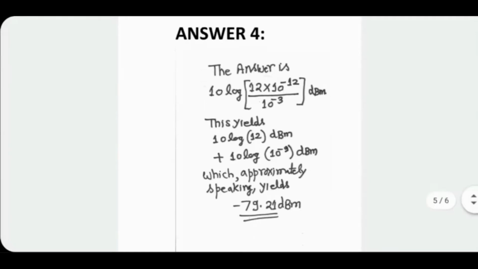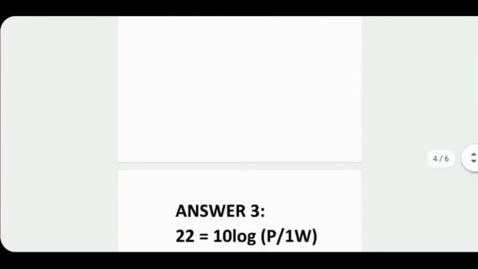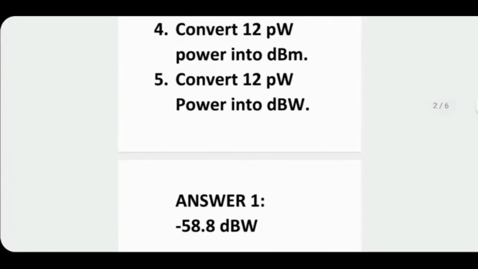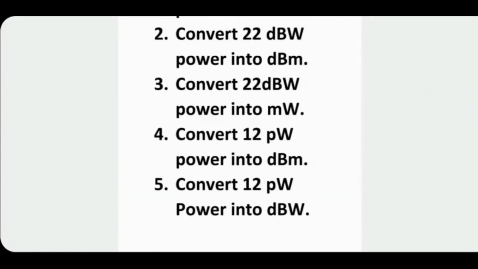So some of you at least have got the basic idea of how to do these kind of calculations. And the last question is question 4, but the answer must now be in dBW. So the answer you got in question 4, from there you subtract 30.